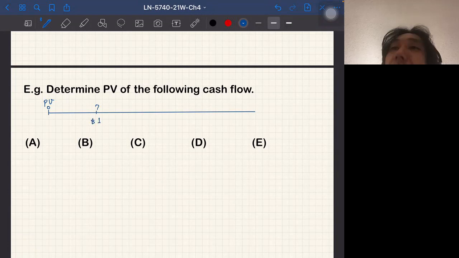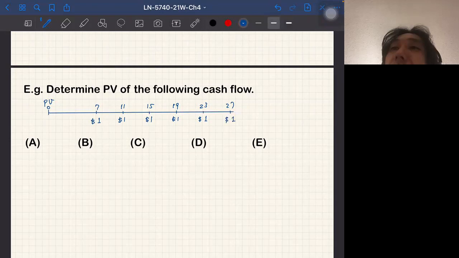The next payment is 4 years later, at 11, also $1, then 15, $1, then 19, $1, then 23, $1, and t equals 27 is the last payment, also $1.